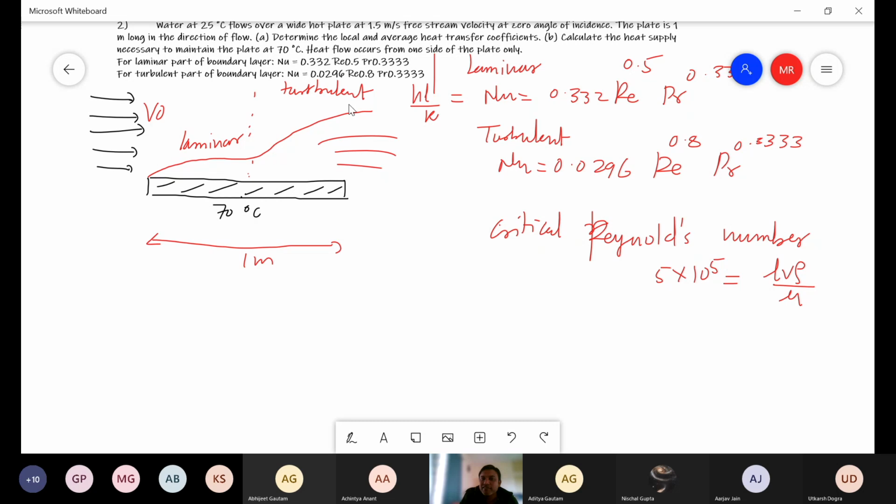That depends on at what length L I am going to get the critical Reynolds number, which I don't know. If it is below 1 meter, then both regimes are going to be present. But if this length is greater than 1 meter, in that case I will have only a laminar region. Do you all agree?